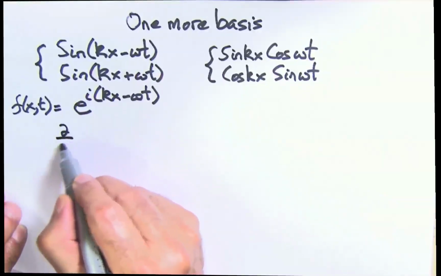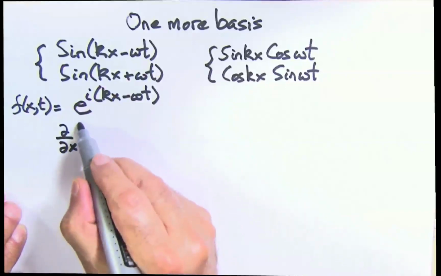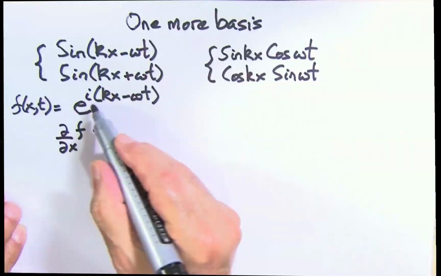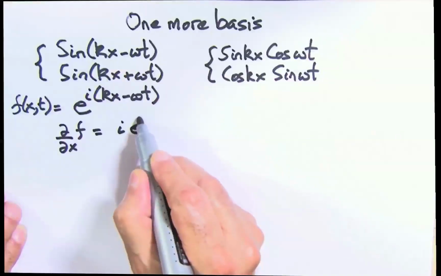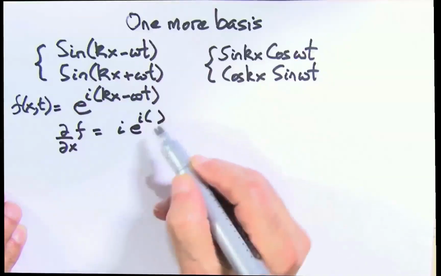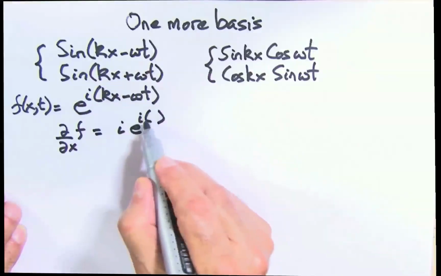So if I take d by dx of f, this is going to give me i times e to the i times the same thing over here, kx minus omega t.